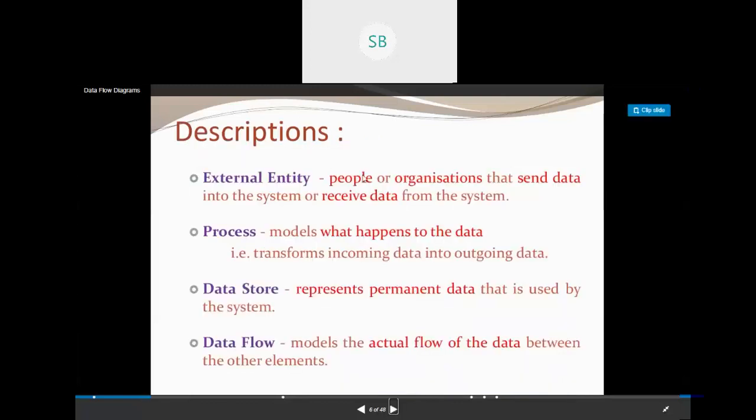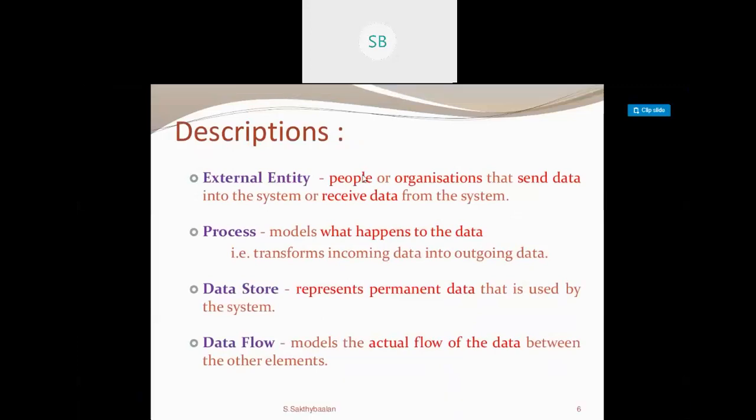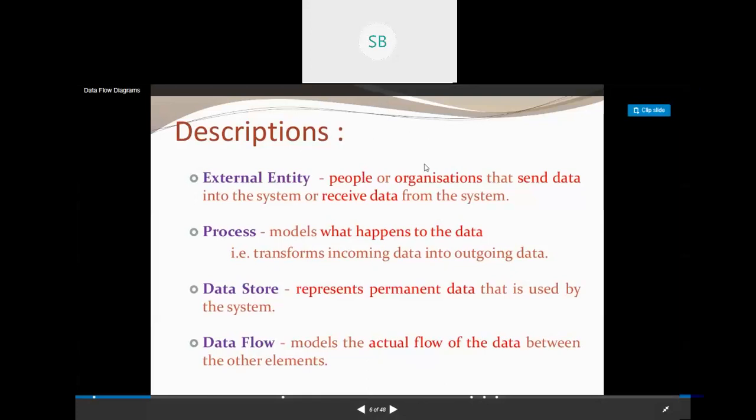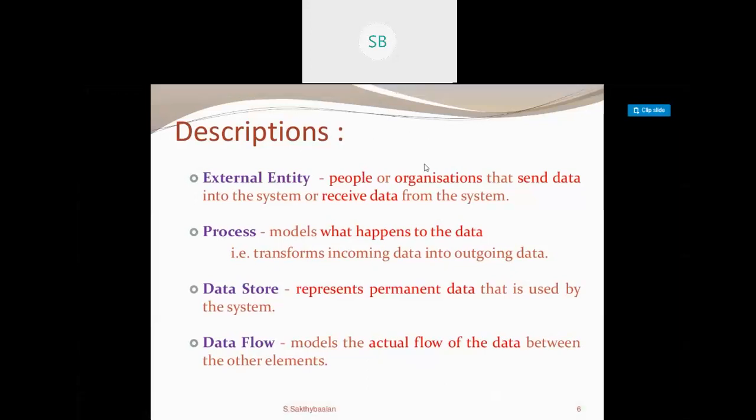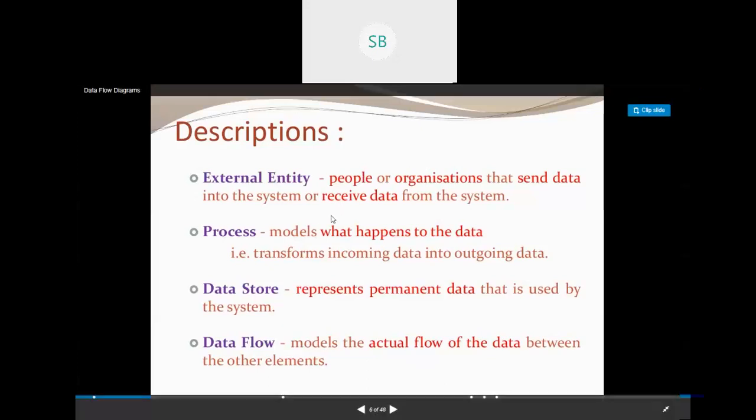So here are the descriptions. What is an external entity? As I mentioned, anyone who will be using the system from an external purpose, like people or organizations, that will send data into the system or receive data from the system, are the external entity. Again, what is a process? Basically, what happens to the data?